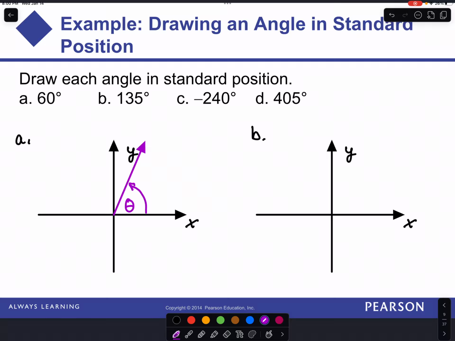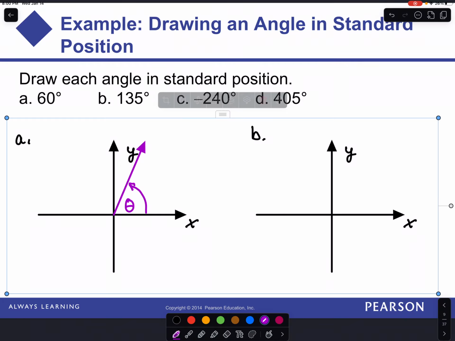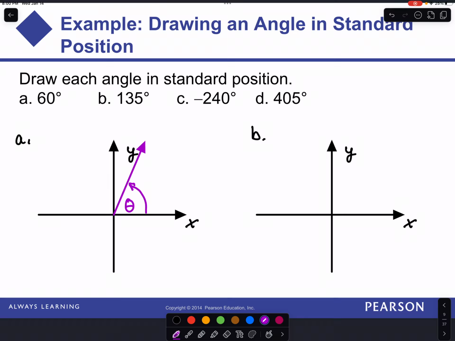Positive is counterclockwise, right? 135, so directly vertical is 90, horizontal is 180, so 135 is halfway between those. It's going to put us about here. And that one, this was what, 60 degrees? This one was 135 degrees.